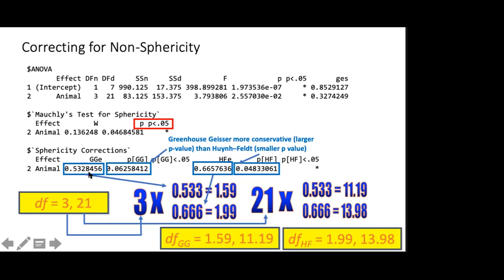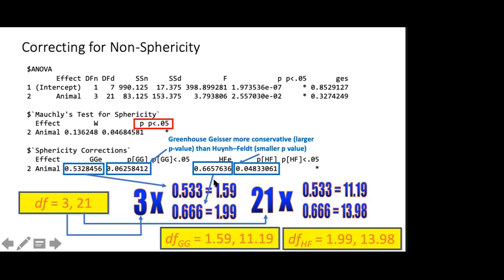What you are doing is multiplying the degrees of freedom by this epsilon value, right? So with degrees of freedom 3, you calculate 3 times 0.533, which is 1.59, and 3 times 0.66 for Huynh-Feldt, right? It's 1.99.